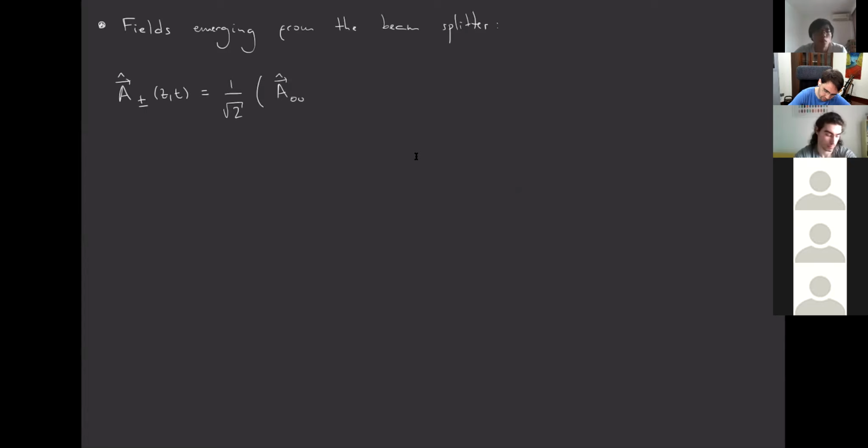And in particular, with a proper adjustment of the phases and the materials of the beam splitter, because this expression I am going to show you is not completely general, the fields emerging from the beam splitter, with the proper combination of the coatings and adjustment of phases, you can make it such that this is just the sum and difference of the output and the local oscillator fields.